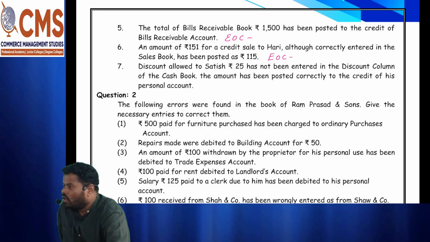Hari account, sales account. Which account is wrong? Hari account is wrong or sales account is wrong?